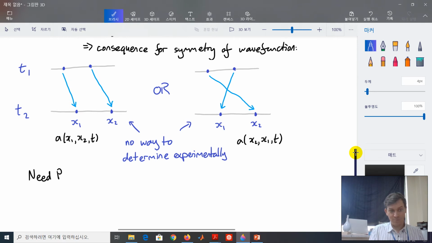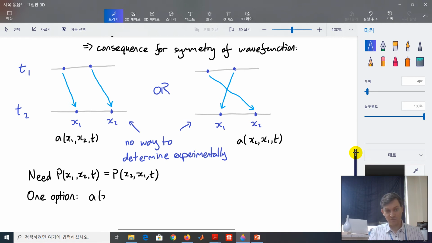So you need the probability of x1, x2, and t to be equal to the probability of x2, x1, and t, because these describe indistinguishable events. You can't tell one from the other. So here, the most obvious way that this can happen is that the same equation holds true for the wave functions themselves.